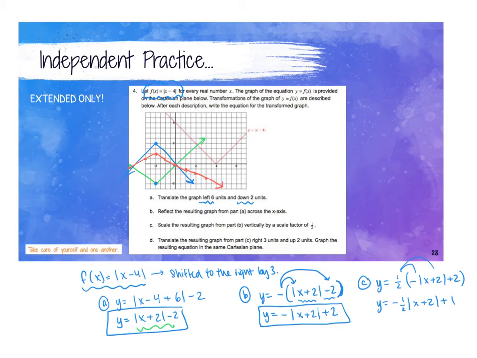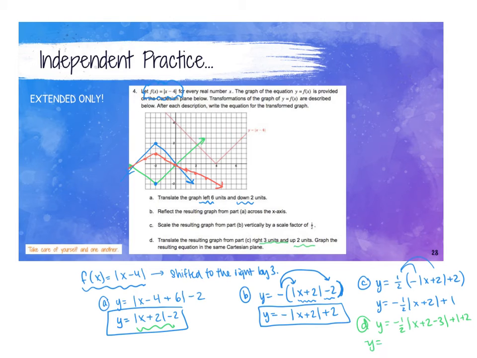Okay, and then finally, now we're going to translate this 3 units right and up 2. So we need to go a further 3 units to the right, so minus 3, and then up 2 more.